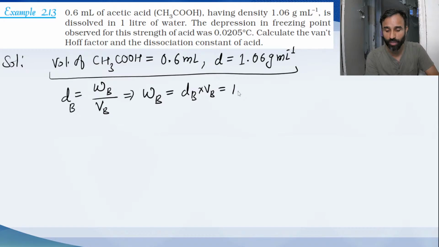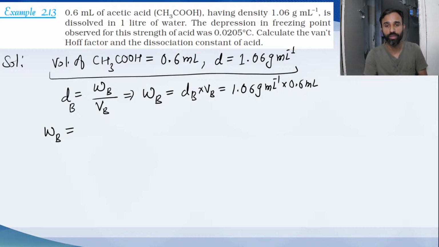So density is 1.06 gram per ml into 0.6 ml. So weight of solute in the solution is 1.06 into 0.6, which is 0.636 gram. So this is the weight of acetic acid.